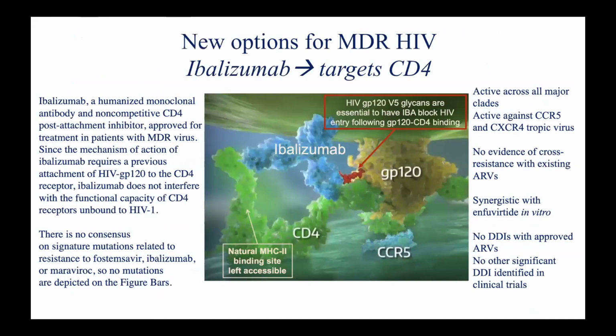The other drug that I want to mention is ibalizumab. That is the first humanized monoclonal antibody that can bind to CD4 when CD4 is already bound to GP120. And in the GP120, particularly, we know that there is a specific region in the V5, the variable region 5 of the GP120, that is rich in glycans, which are essential for the binding and the blocking.